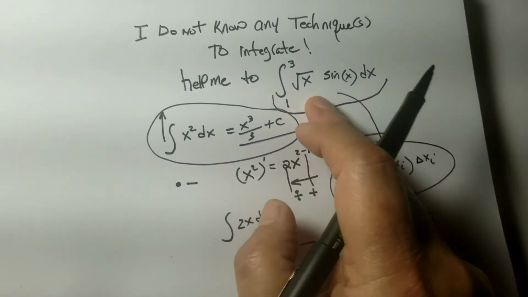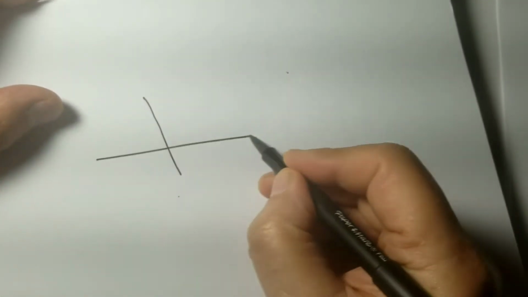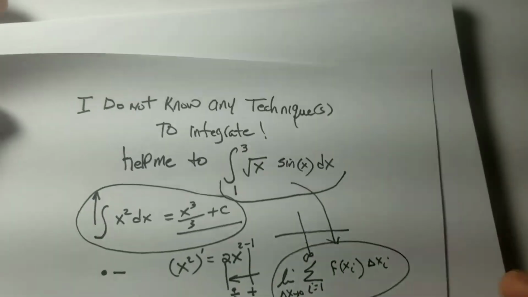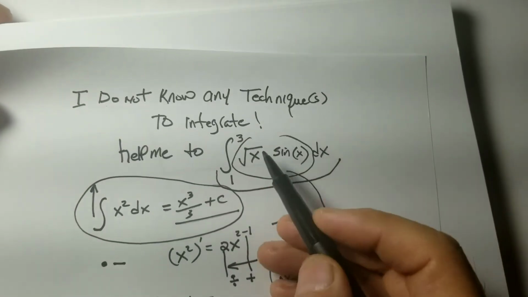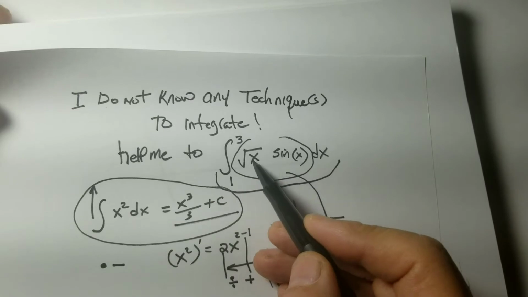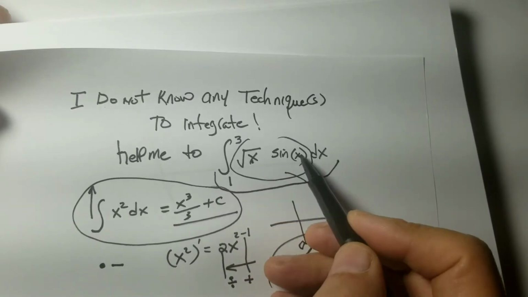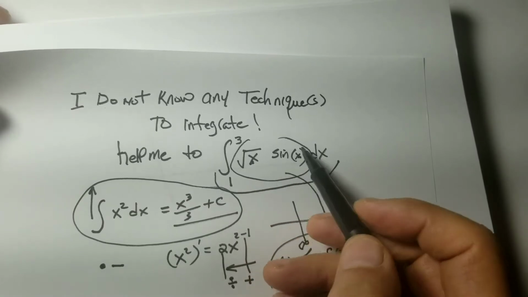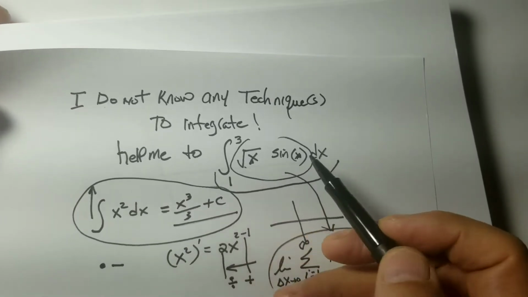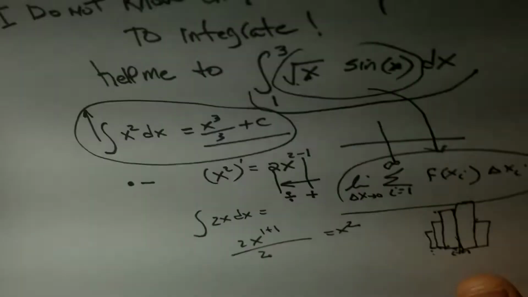Okay, you don't know any technique and you want to do that. You're going to go in here and say, I'm going to assume that function is not hard. You put x at 1, 1.5, 2, 2.5, 3, 3.5. I'm not going over 3.5. You stop at 3.